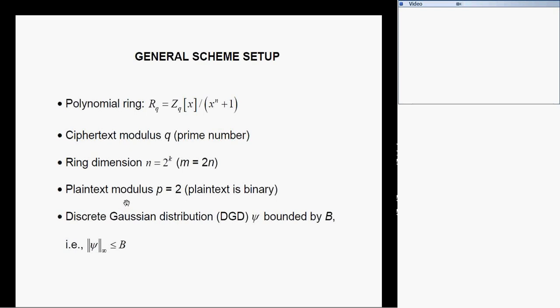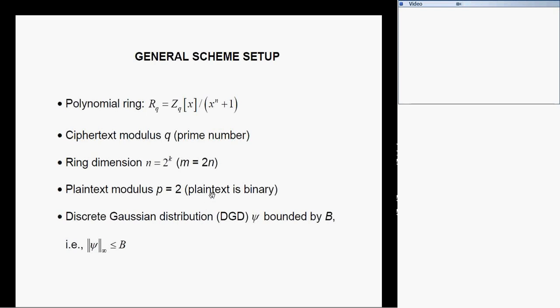There are important characteristics that we have in any lattice crypto scheme, directly or indirectly, among the parameters: the plaintext modulus. That's the modulus that defines how the plaintext polynomial is generated, or how the plaintext is transformed to a polynomial.